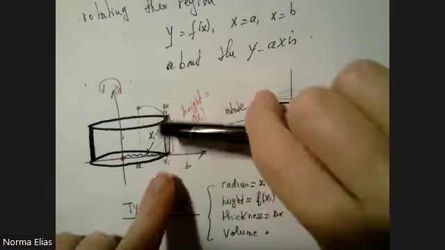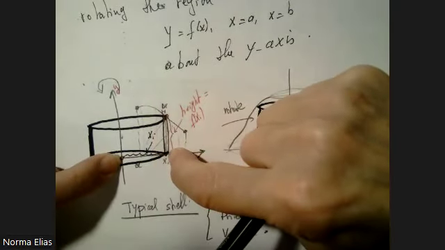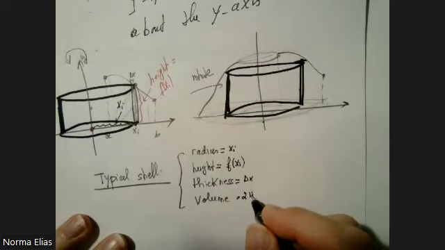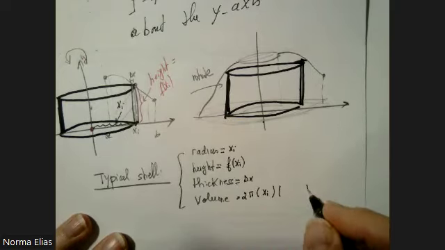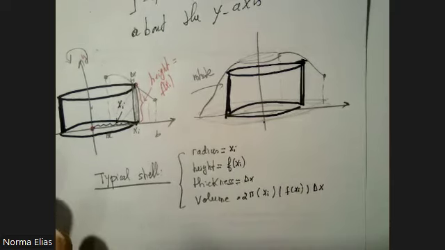So you're taking this little slice. How much do you have from here to here? You have xi, and that's the radius of the shell. So the volume is 2 pi times the radius times the height times the thickness.